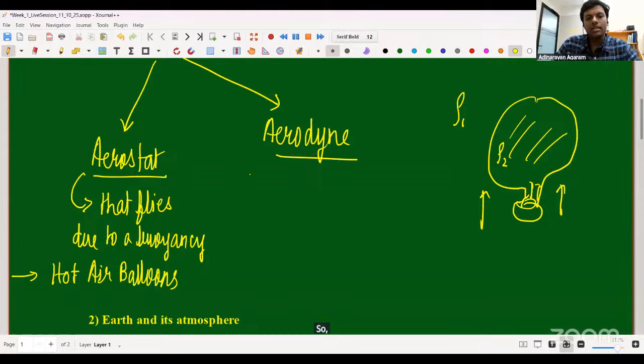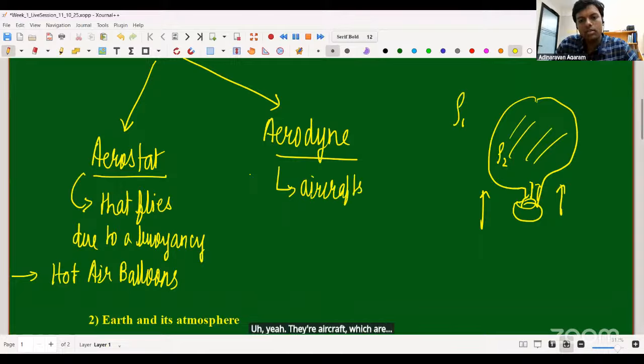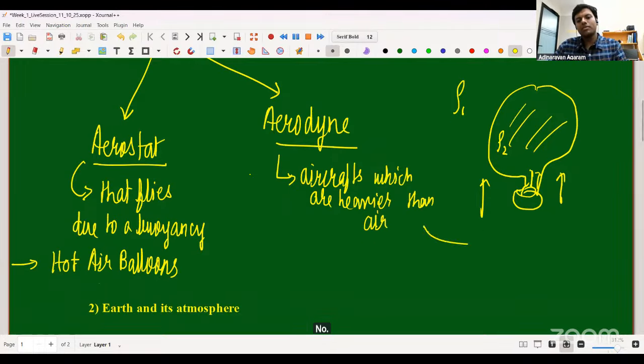So what are aerodynes? Aerodynes are basically structures or flight craft which are heavier than air. Aircraft which are heavier than air. For example, we know the aeroplane is something we are very well aware of.